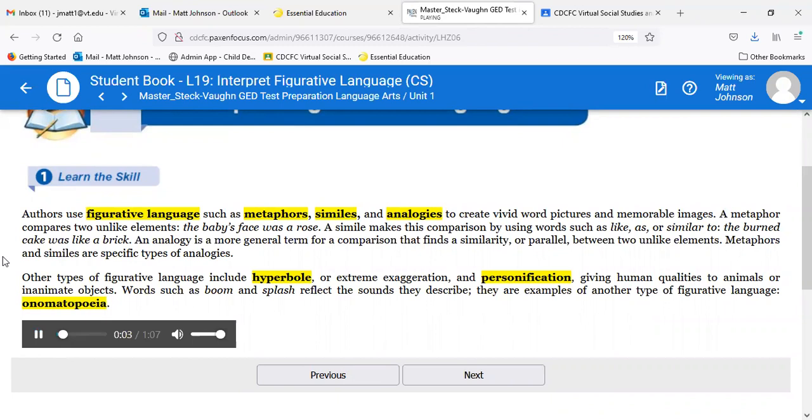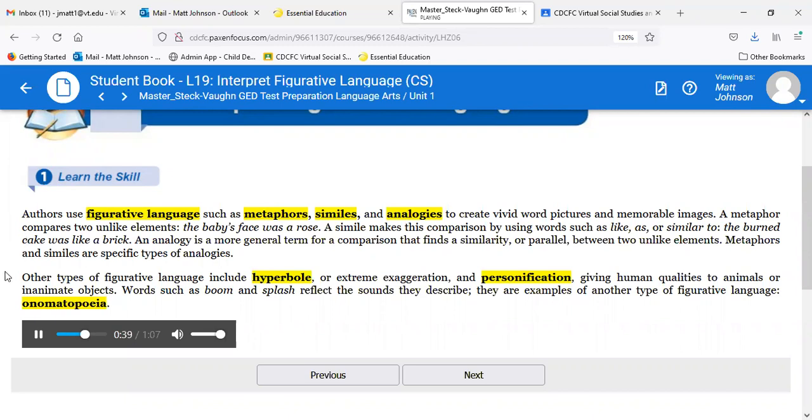Authors use figurative language, such as metaphors, similes, and analogies, to create vivid word pictures and memorable images. A metaphor compares two unlike elements. The baby's face was a rose. A simile makes this comparison by using words such as like, as, or similar to. The burned cake was like a brick. A more general term for a comparison that finds a similarity or parallel between two unlike elements.